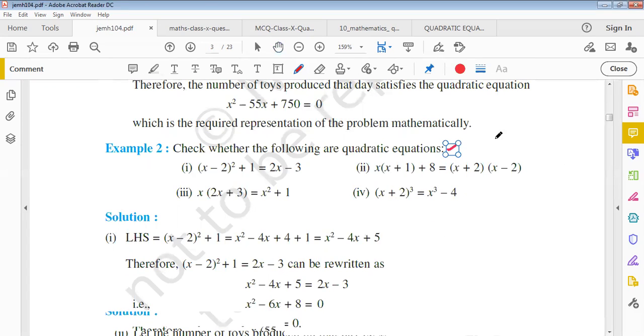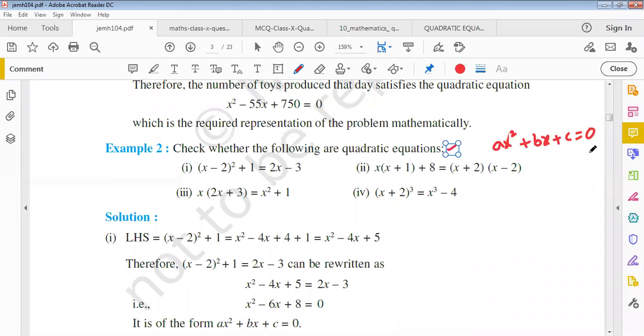A quadratic equation will always be in the form of x square plus bx plus c equal to 0. Maybe in terms of y also, so ay square plus by plus c. It can be anything. The highest degree of the variable should be 2.